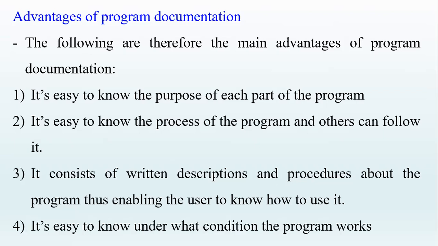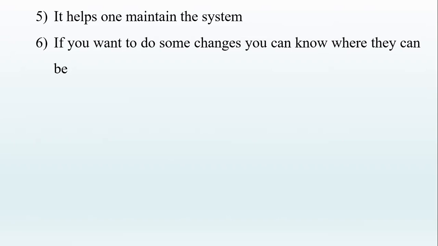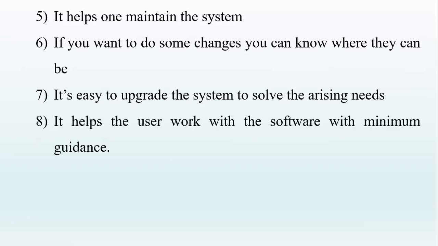Number four, it's easy to know under what condition the program works. Number five, it helps one maintain the system. Number six, if you want to make changes, you can know where those changes can be made. Number seven, it's easy to upgrade the system to solve arising needs. Number eight, it helps the user to work with the software with minimal guidance.